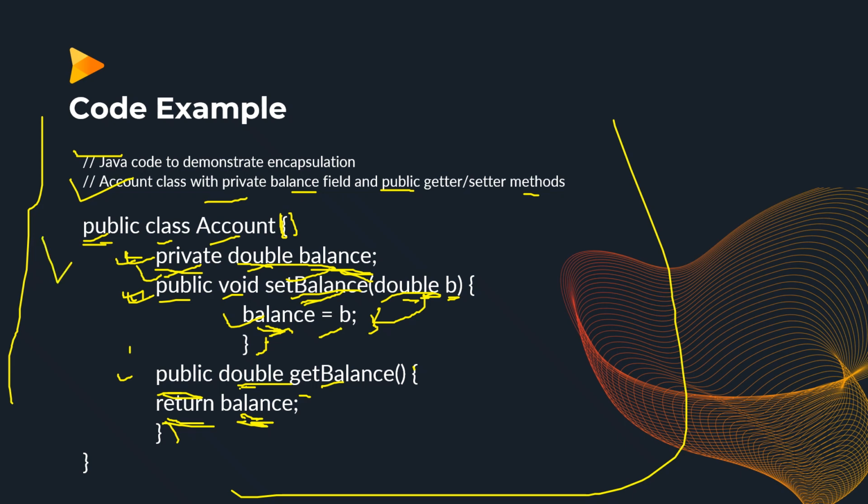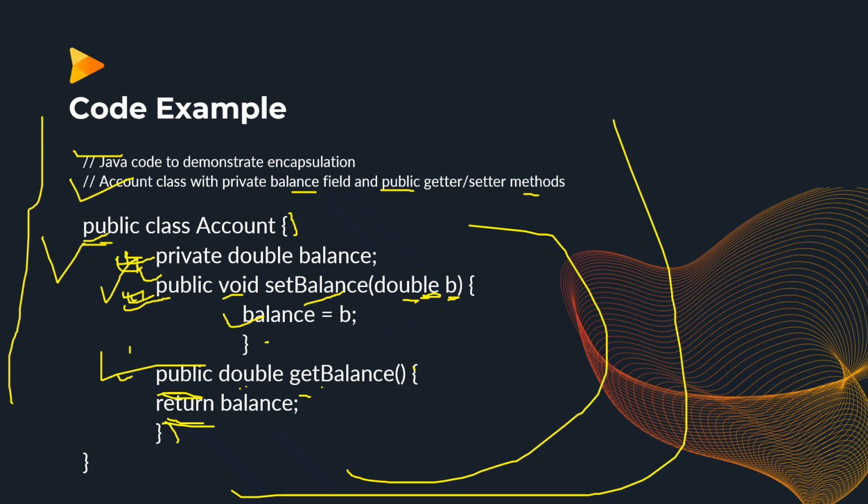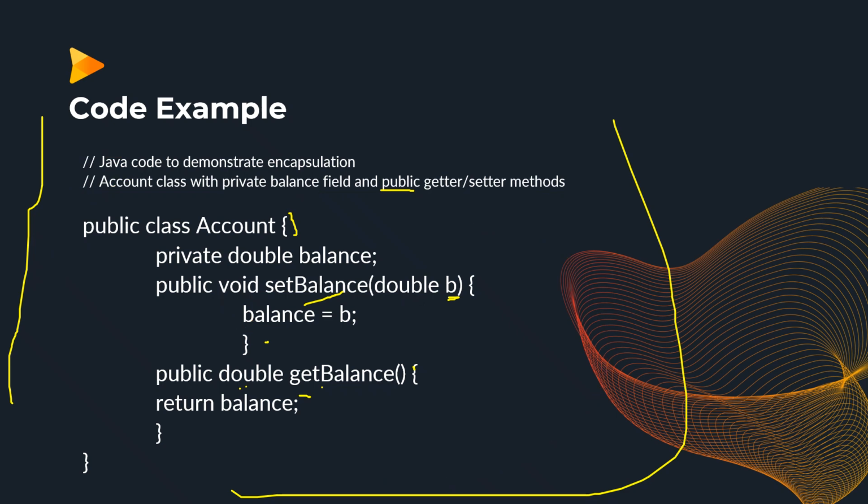So this is the class, this is the private attribute, this is the setter method, this is the getter method, and by using these things we have implemented our encapsulation. I have to erase this because it is not visible very well.